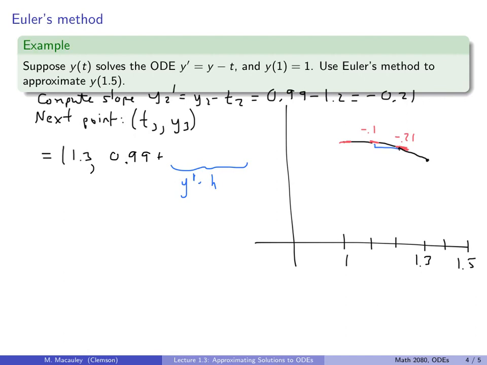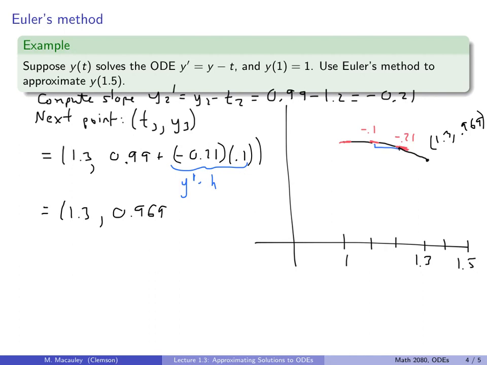So our y prime is negative 0.21, and our h, of course, is 0.1. And then if you simplify this with a calculator or computer, you get 1.3 and 0.969. So that means this point here is 1.3 and then 0.969. That is actually the point right there.